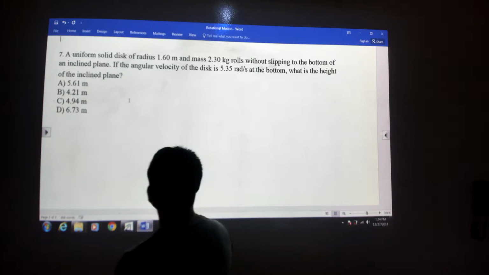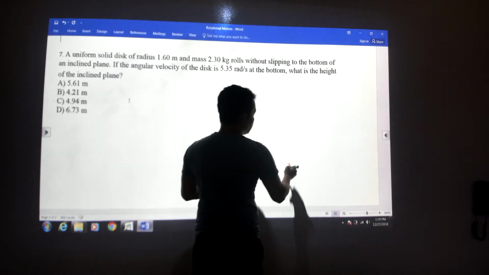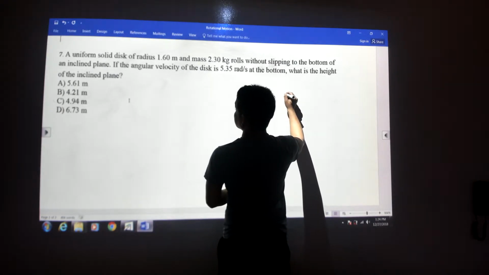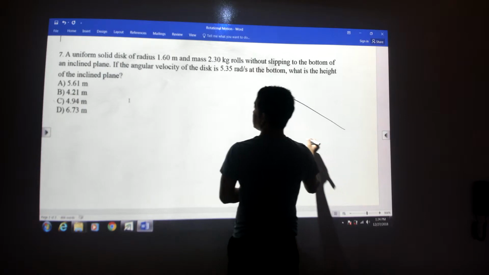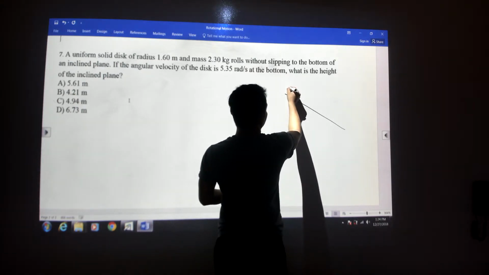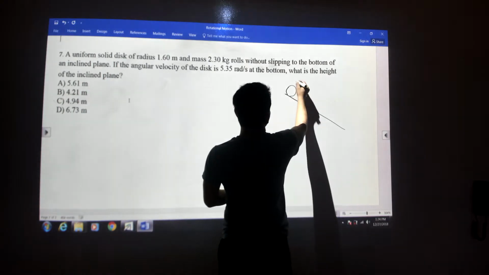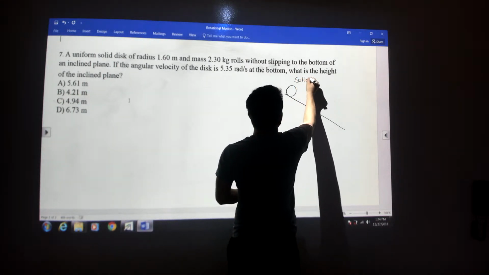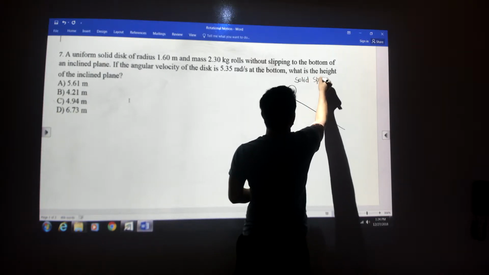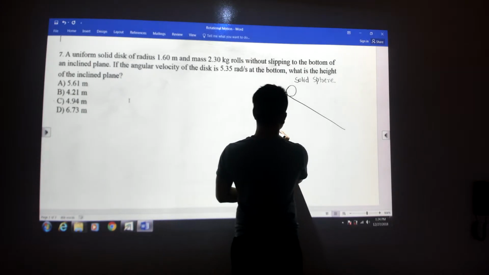First, in this case, you're given an inclined plane here, and then you have a ball or a sphere. This is a solid sphere.